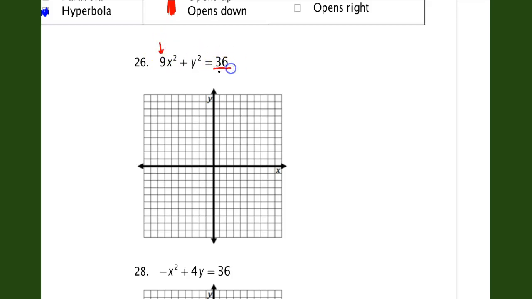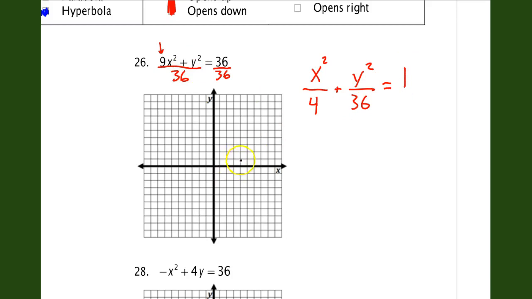So I'm going to divide both sides by 36, and you're going to see this will take the form of an ellipse. 9 over 36 gives us x squared over 4 plus y squared over 36, because the y didn't have anything to cancel it out, and now it's equal to 1.